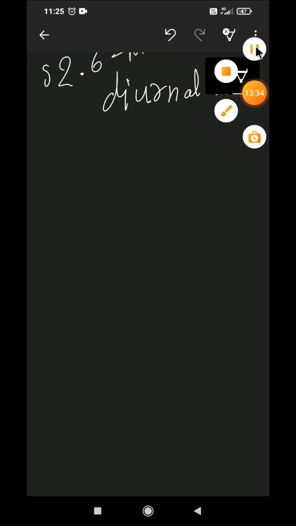If we integrate, we get rho A g h square by 2, with limits from 0 to R. So our work done will be rho A g R square by 2. This is our work done.